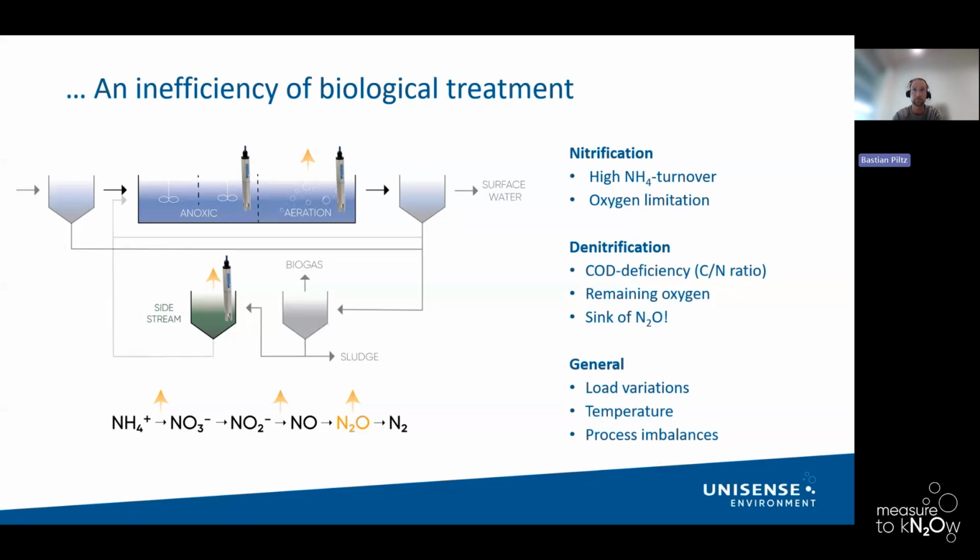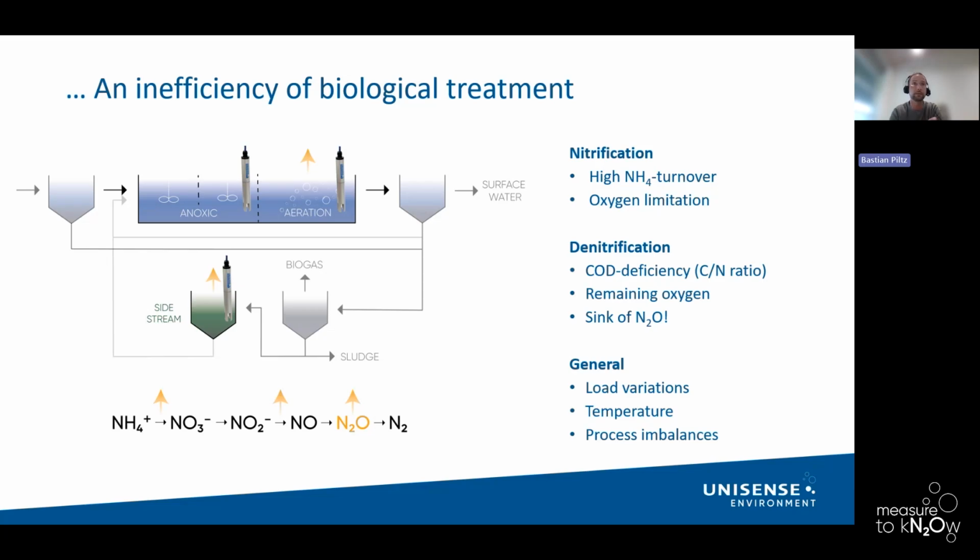It's a side product of our nitrogen transformations in the biological treatment. So whenever the sludge microbiology is seeing sub-ideal conditions, then nitrous oxide can be formed as a side product.